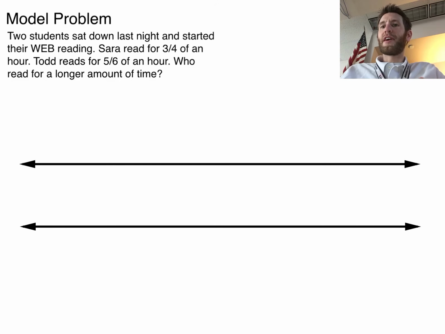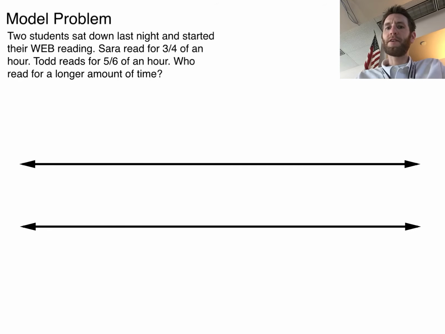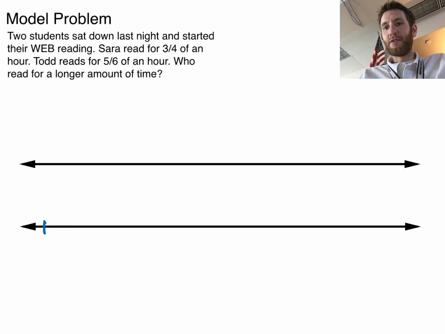And you can use number lines to compare these two fractions and figure out who read for a longer amount of time. So in this case, what I might do is I have 2 number lines drawn, and they're going to be the same length. And I might say here, let's see, different color. I would say right here that this might be 0, or when they both started.